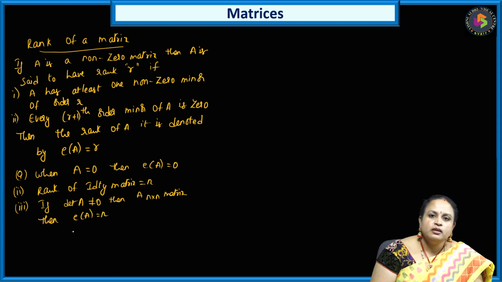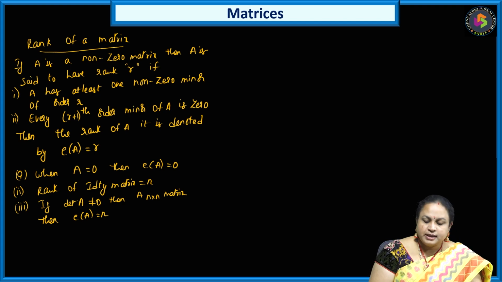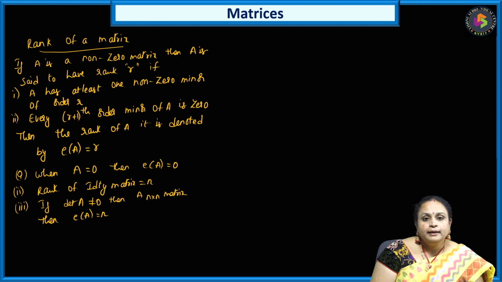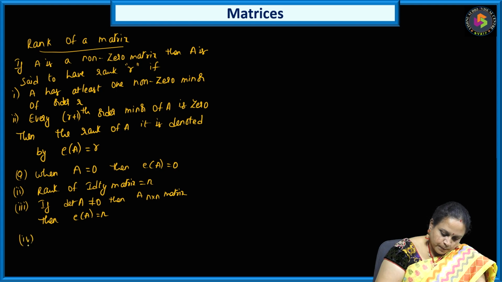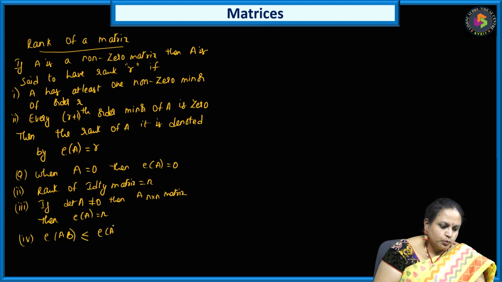If the determinant of a matrix is not equal to 0 and that matrix is of order n by n, then rank of A will be equal to n. Number 4: rank of AB is always less than or equal to rank of A and rank of B.